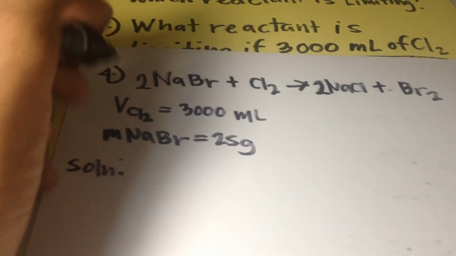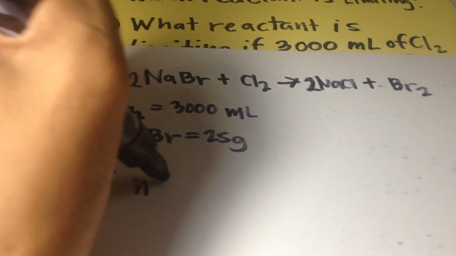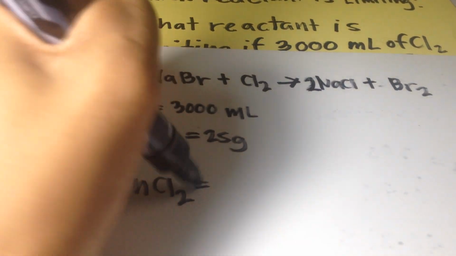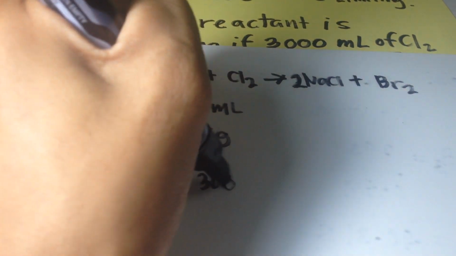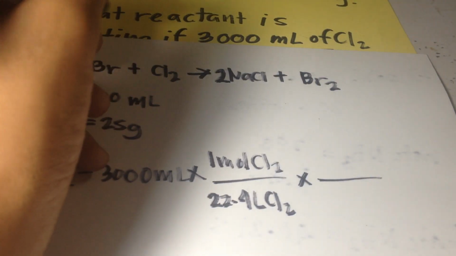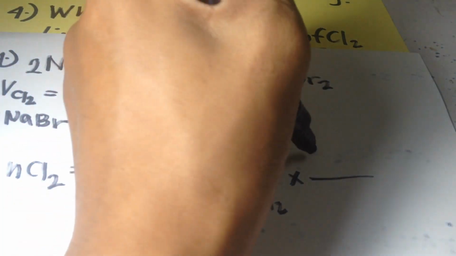And then, let's calculate. Moles of chlorine gas is equal to 3000 ml times 1 mole of chlorine gas over 22.4 liters, times 1 liter over 1000 ml.